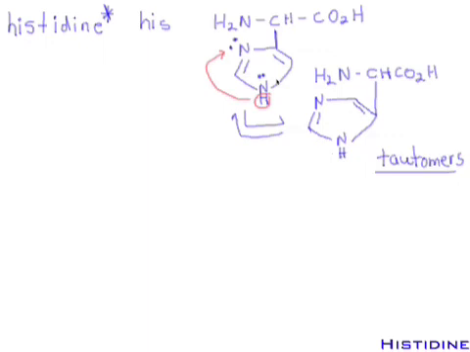Do some shifting of pi bonds, you would actually get this structure. In any case, we'll look at this more closely a little later on. They are related to each other as being tautomers. Great.